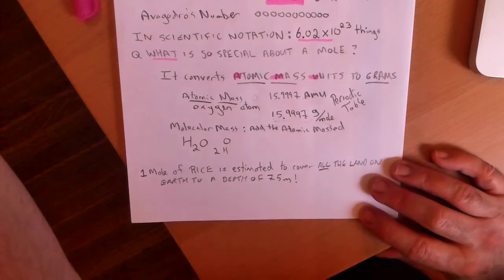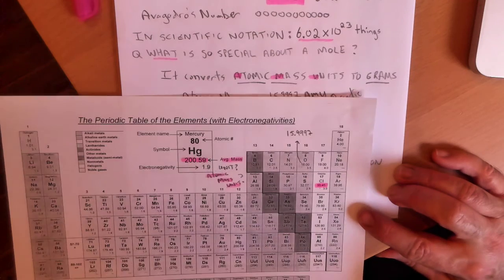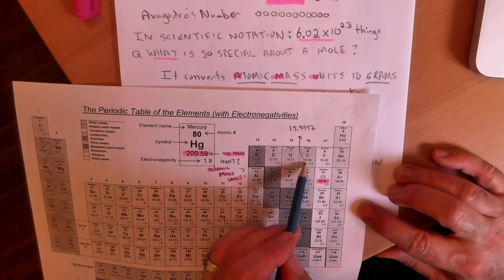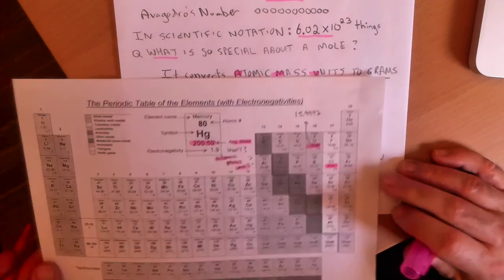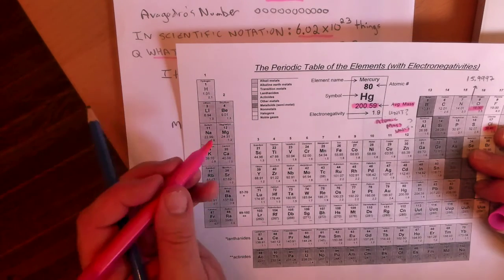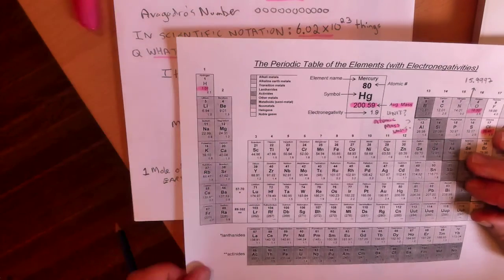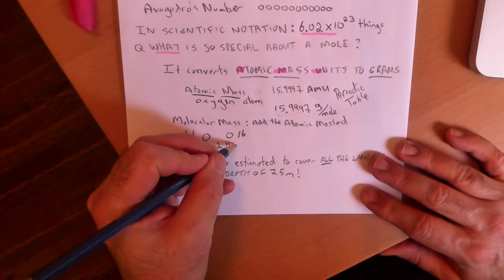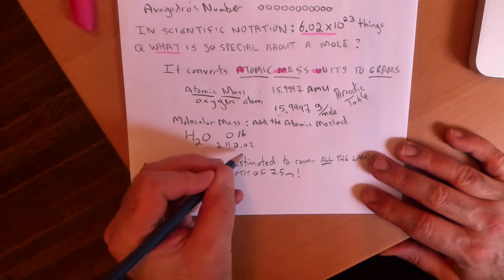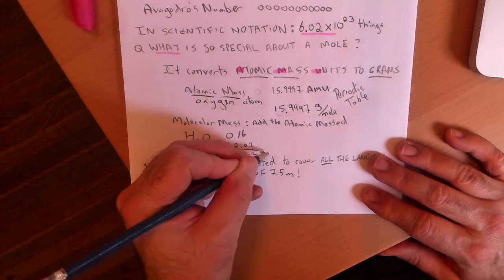Now I'll use the rounded numbers from the table. So oxygen, although it's really 15.9997, I'm going to use 16 grams per mole. And hydrogen is 1.01. So we add up 16, plus 2 times 1.01 is 2.02. That's 18.02 grams per mole.